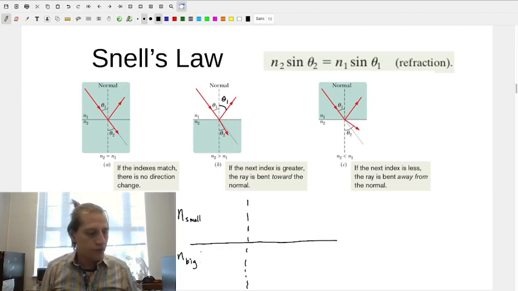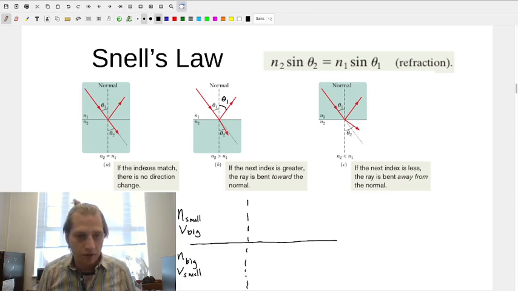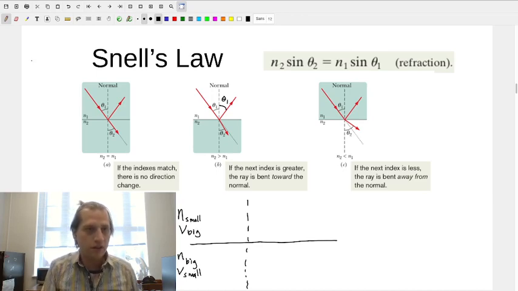Now, if you have a small index of refraction, what does that mean? That means that your phase speed of light there is big. And if you have a big index of refraction, that means that your phase speed of light is smaller. Okay, so small n goes with big speed, big N goes with small speed. That's just because V equals C over N.